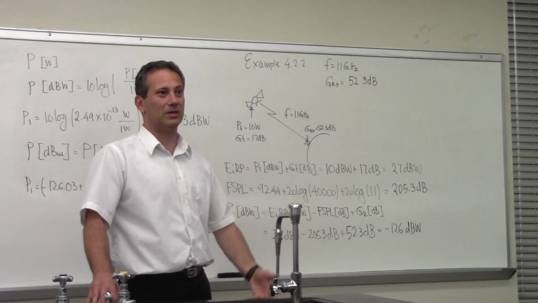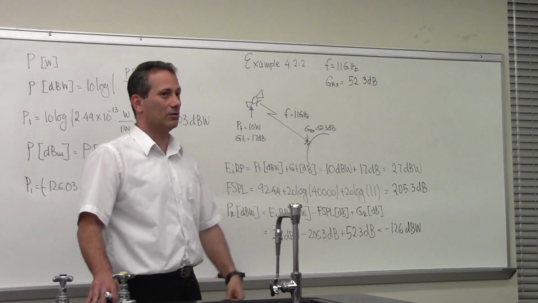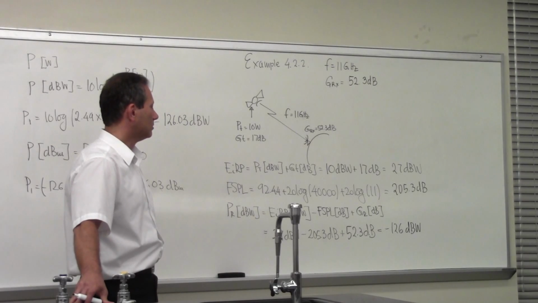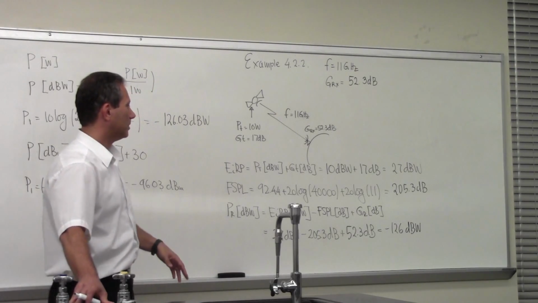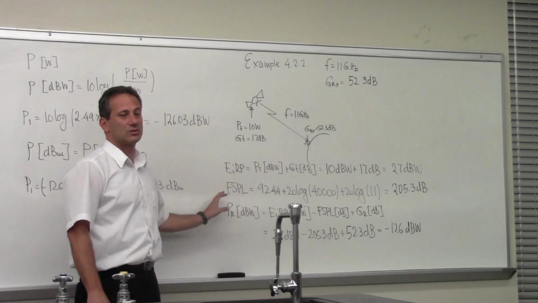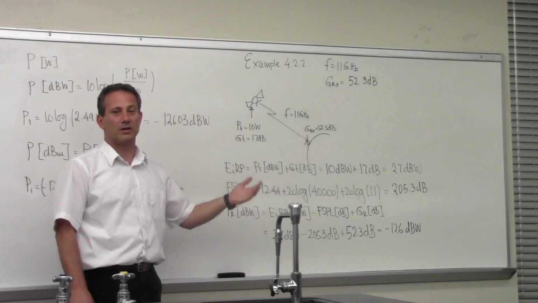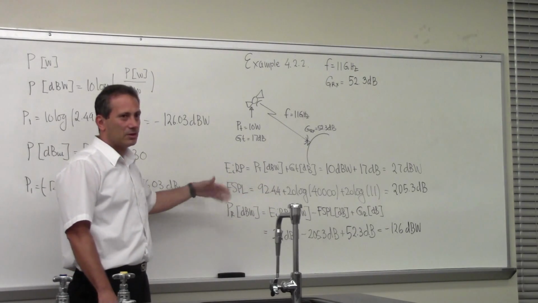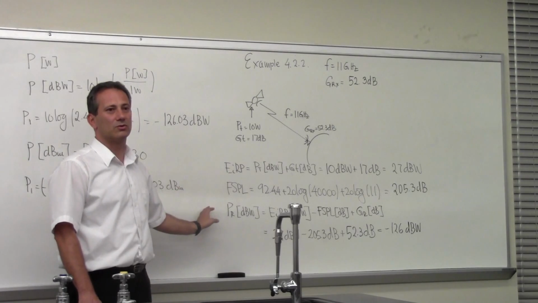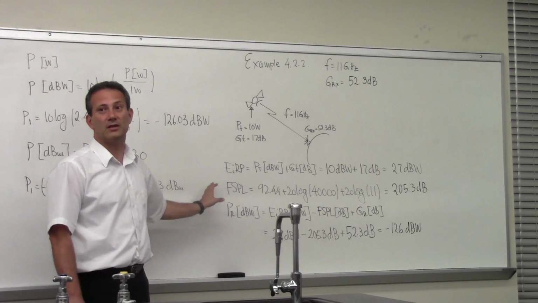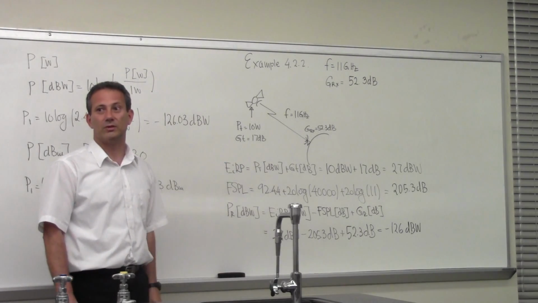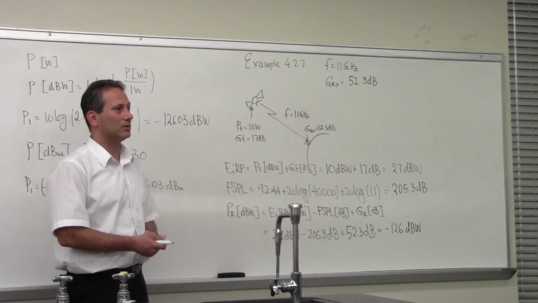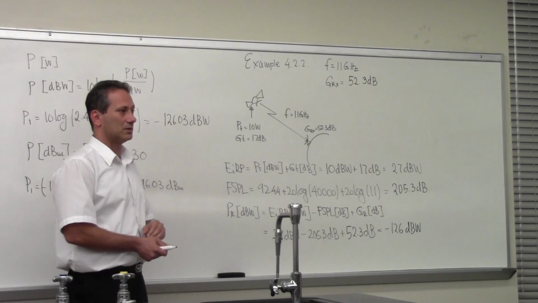I don't know what that justification would be, but you might have one. As long as you know what you're doing, you should be able to defend it. But make sure you review those, because I do that in RF propagation. I review it a little bit in a PCS, but here I don't have much time in this course to go through that. But I'm expecting that you know it, so that you're fluent with these, and there's no question what operations are valid and what the result means.